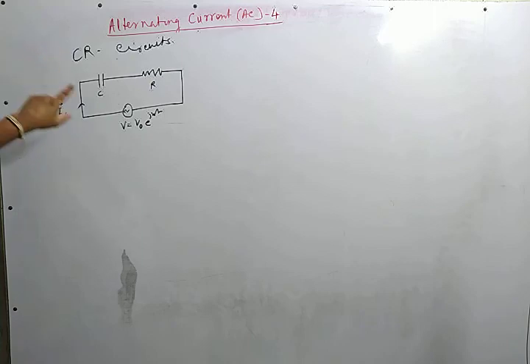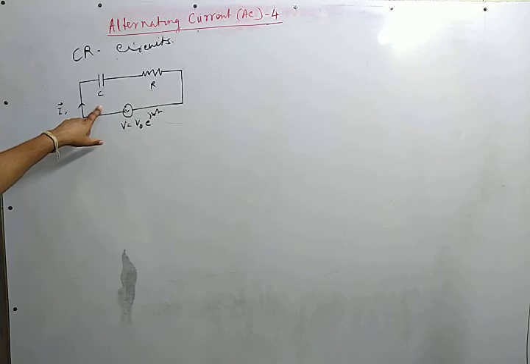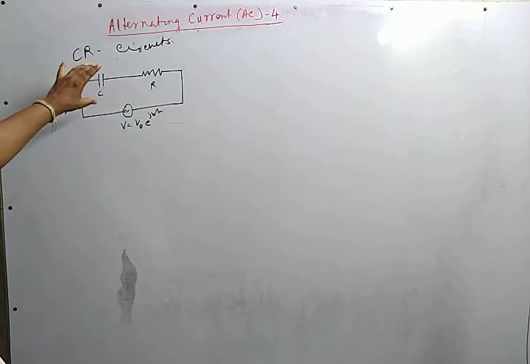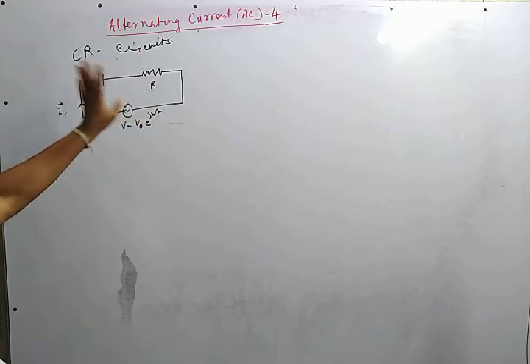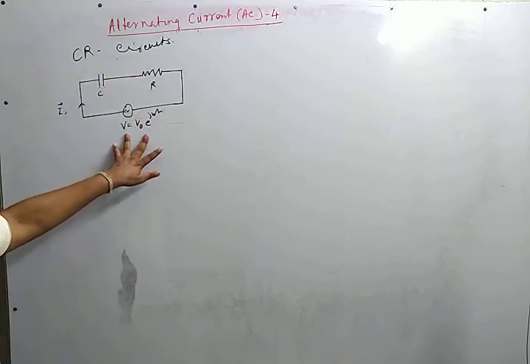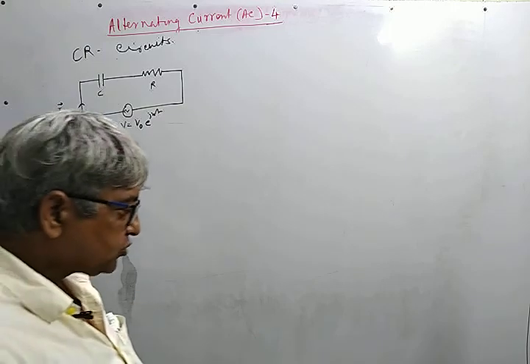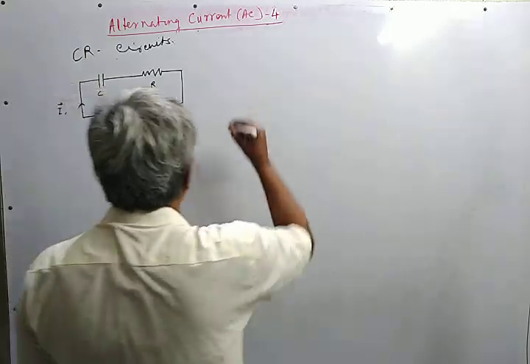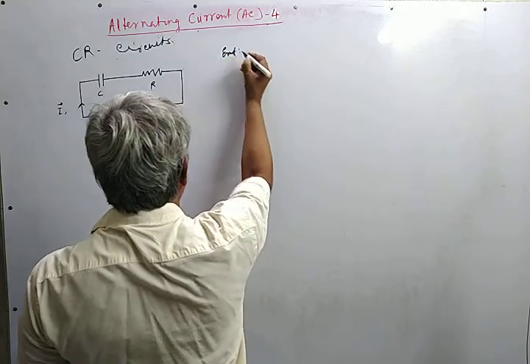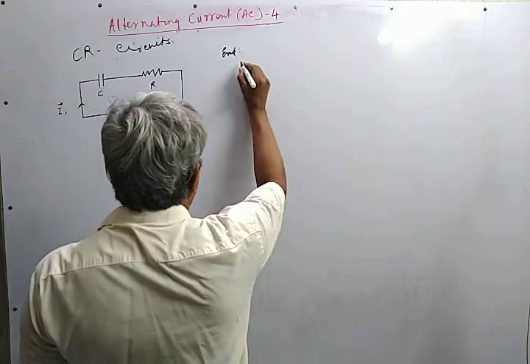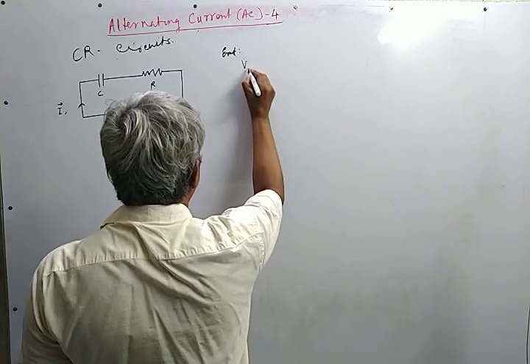As for example, we consider the series CR circuit in which a capacitor of capacitance C and a resistor of resistance R are connected in series, and the combination is fed by an AC voltage source. To analyze it through the EMF equation, we apply Kirchhoff's voltage law.